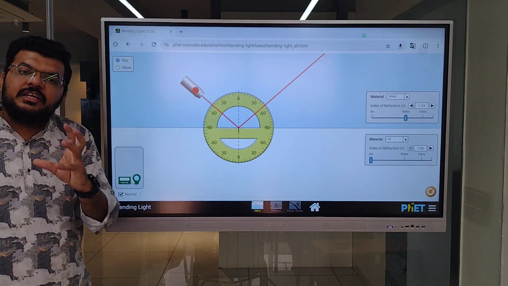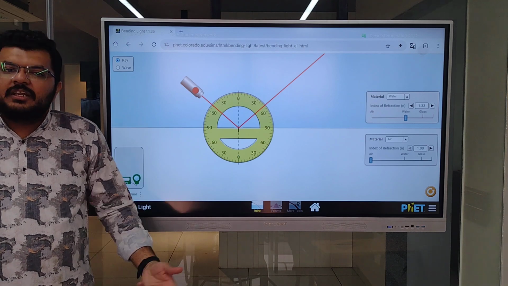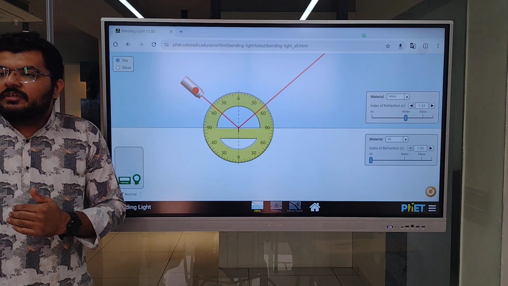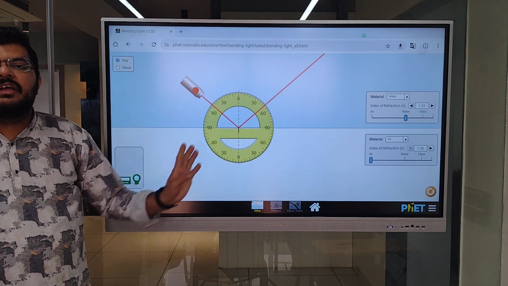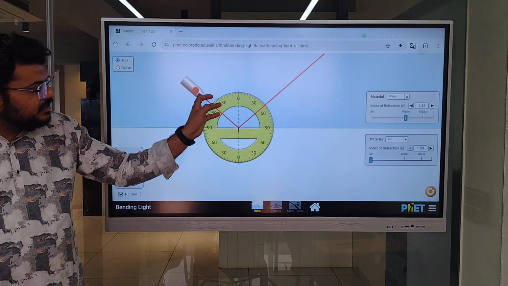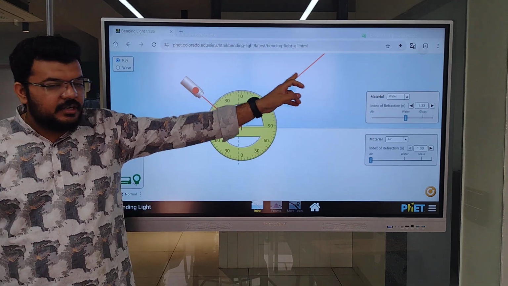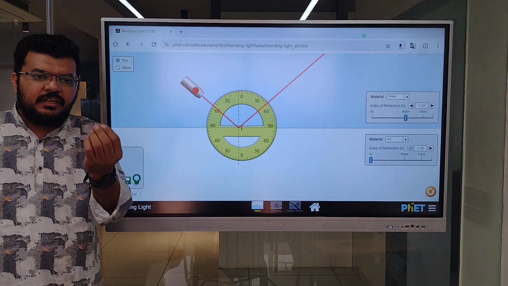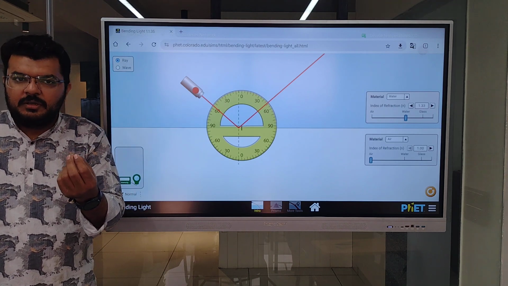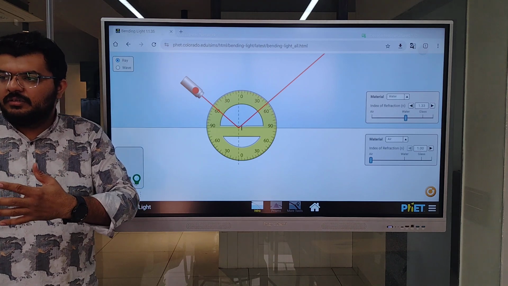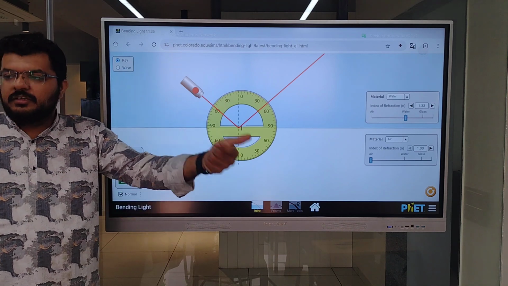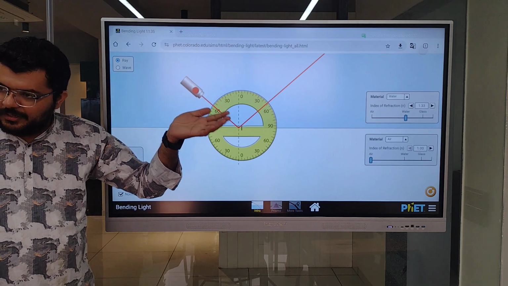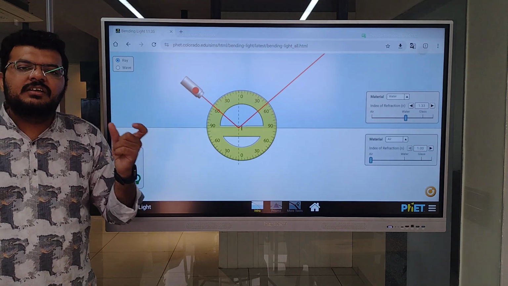This can happen only in a denser medium. In a rarer medium, it is simple reflection. What is total? There is no light going anywhere. If the light intensity was 100 here, it will remain 100 over there. When we saw refraction, some of the light was reflected. But in total internal reflection, all the light gets reflected. Why internal?